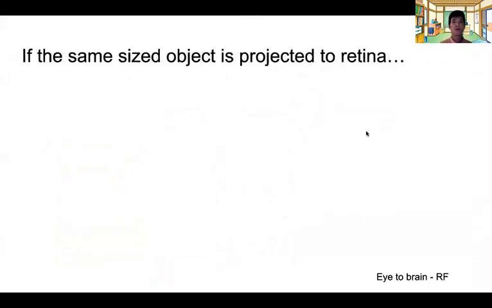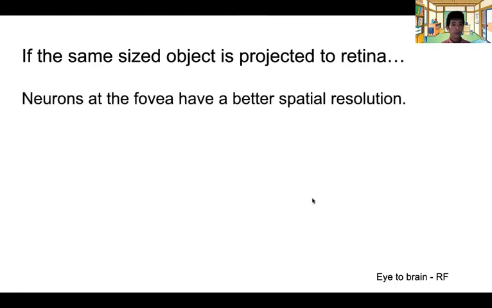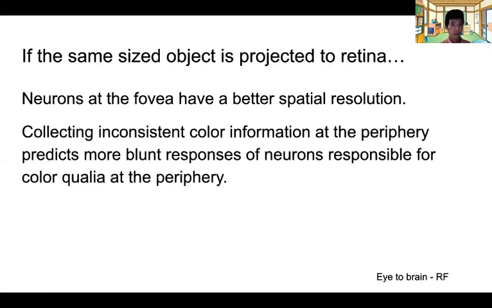If the same size of object is projected to the retina, then neurons at the fovea have a better spatial resolution, and collecting inconsistent color information at the periphery predicts that more blunt responses of the neurons are responsible for color qualia at the periphery.